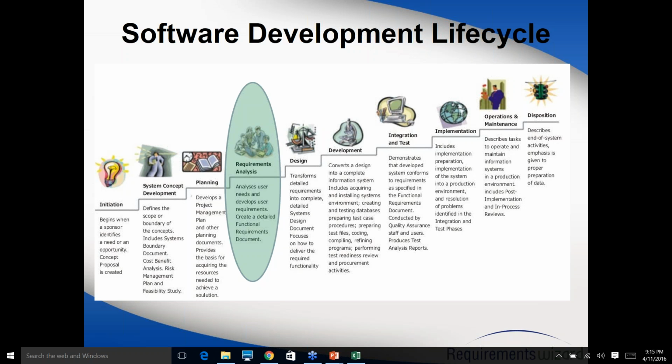Please write these words: you deploy the system into the production environment. That means now you are handing it over to people in the live environment where the system will be used by the actual users.